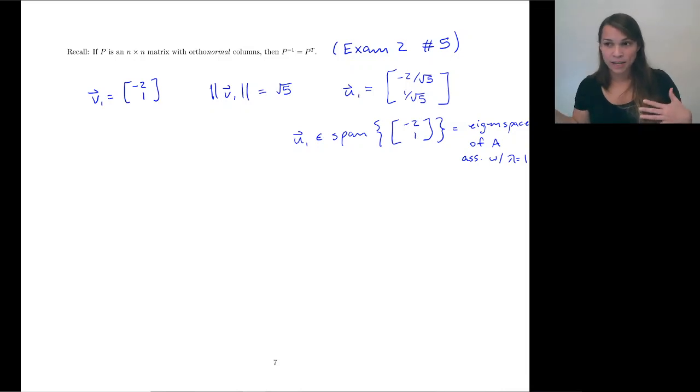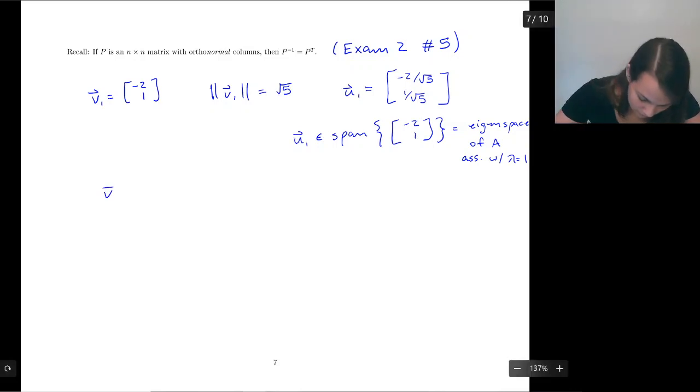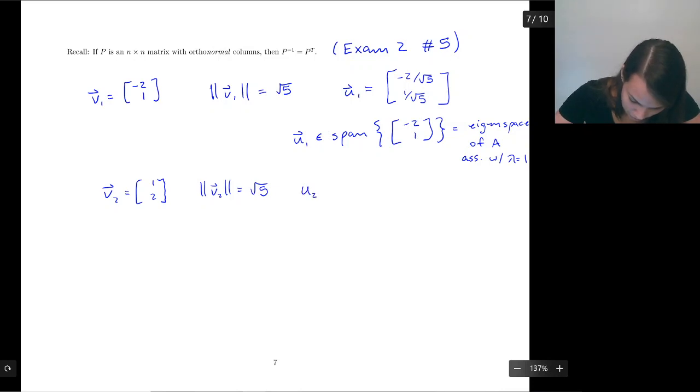So anything from that eigenspace is an eigenvector of lambda equals 1. It is a linear combination. The linear combination is 1 over root 5. Let's do it again. V2. Same magnitude, same story.